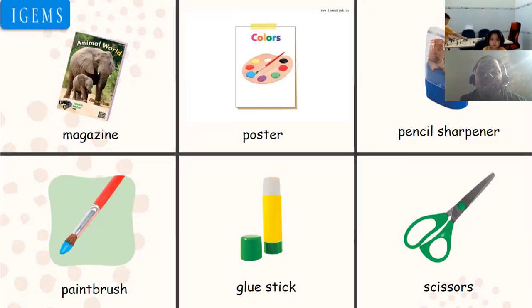The next one is paint brush. Paint brush. Then we have glue stick. What is the next one? Glue stick. And also we have, what is the last one in this slide?